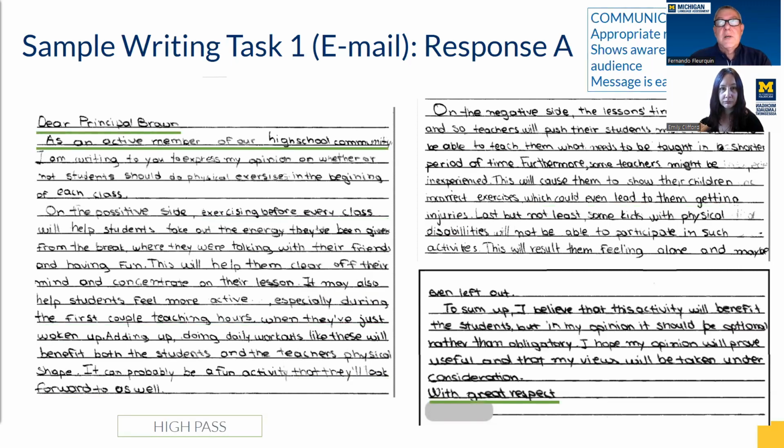And in terms of communicative effect, the register, the tone of the message, the language that is used are all appropriate for this kind of more formal type of email to Principal Brown. The email is addressed to Principal Brown and demonstrates awareness of the audience as an active member of our high school community, as he mentioned from the beginning.